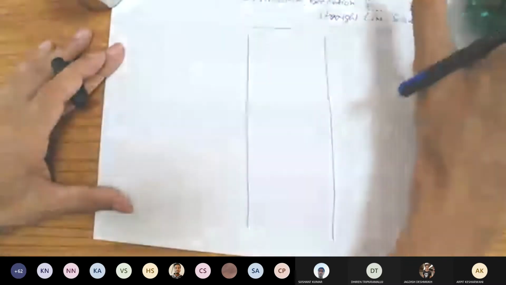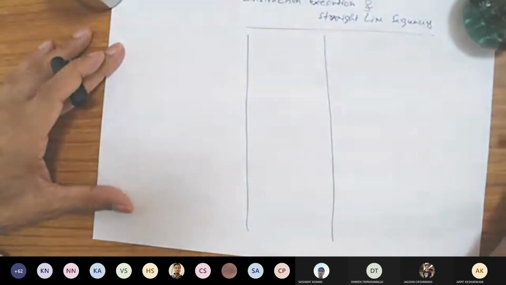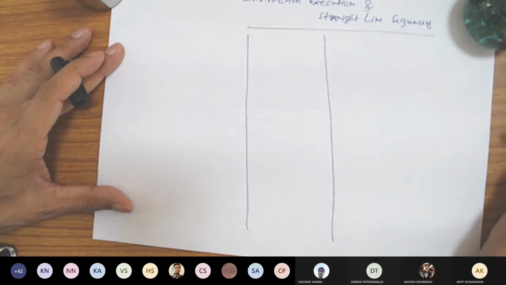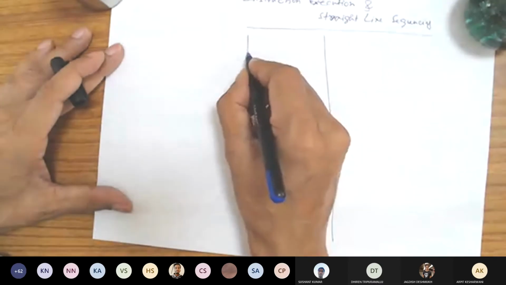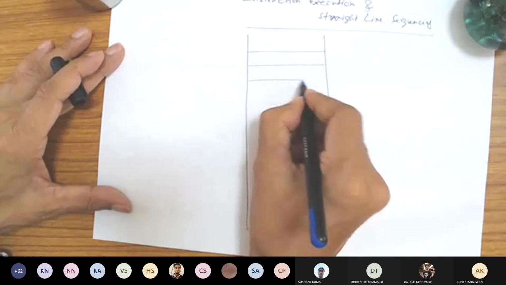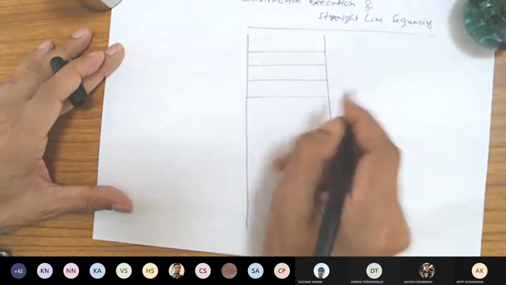Now let's take an example of the code written by one of you. Let me take Sushant's code. He has taken a different set of registers.